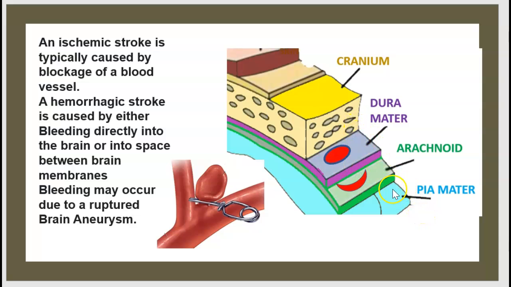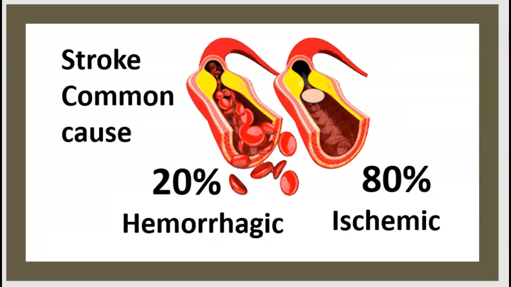Between dura and pia there is arachnoid, and bleeding could be in the subarachnoid space. This bleeding may occur due to a rupture of a brain aneurysm. Stroke common cause: 20% hemorrhagic, 80% ischemic.